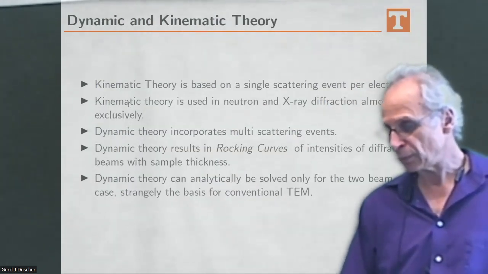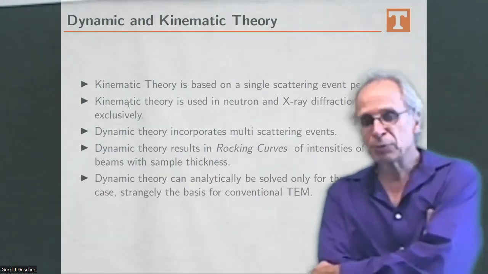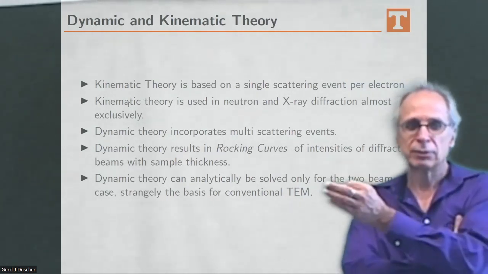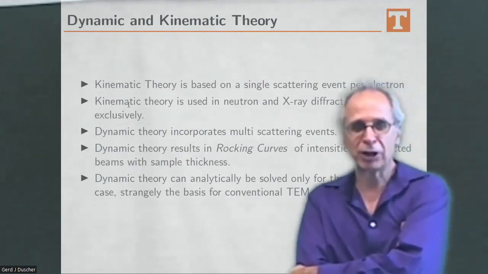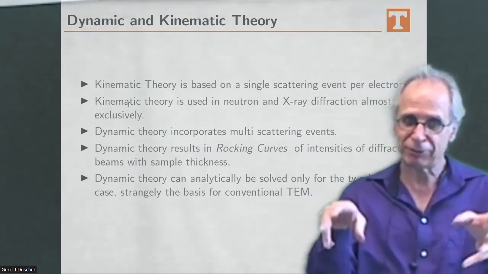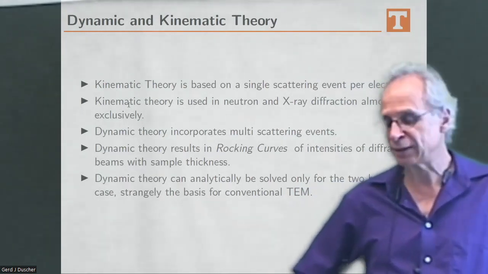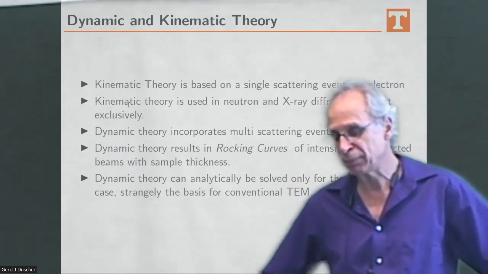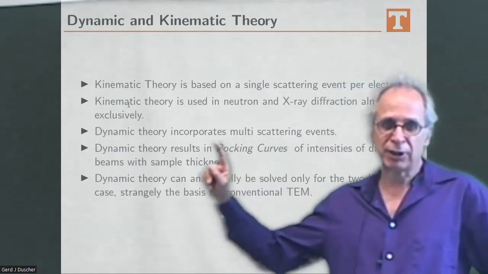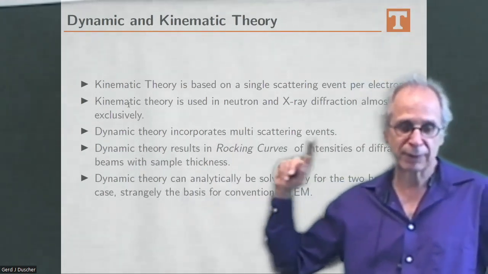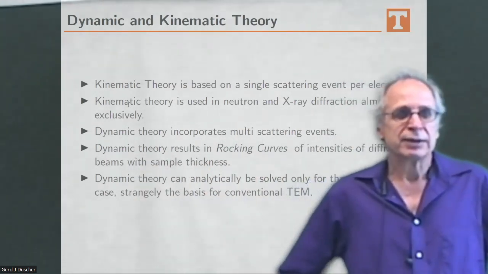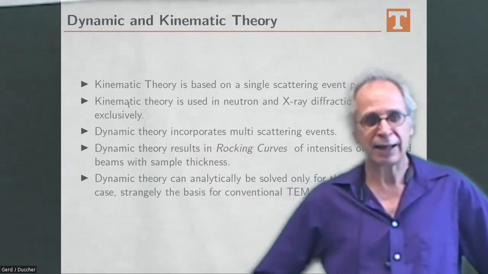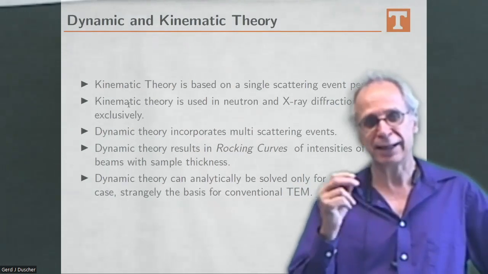Okay, so the difference between dynamic and kinematic theory is that basically you can just go to the point where you say, well, if I know where the Bragg peaks are, I can do kinematic theory with it and intensities, or dynamic theory. So it's multiple scattering events. These multiple scattering events in the dynamic diffraction can happen on a single atom.